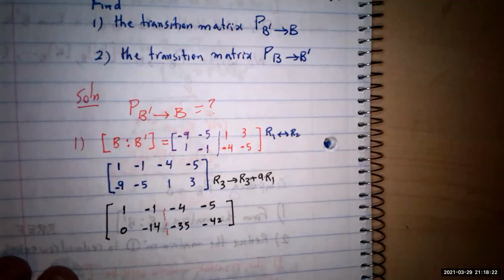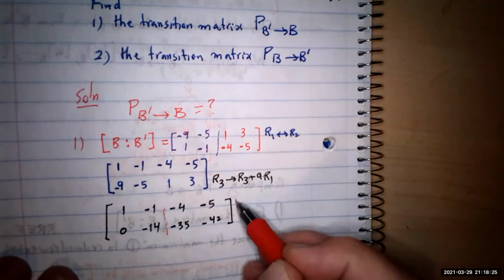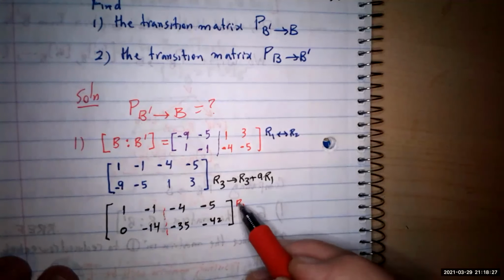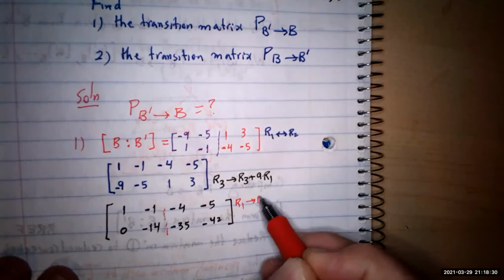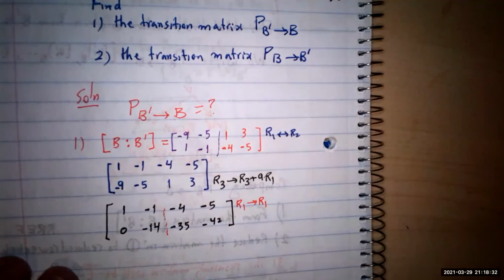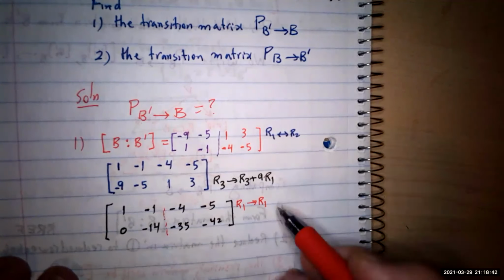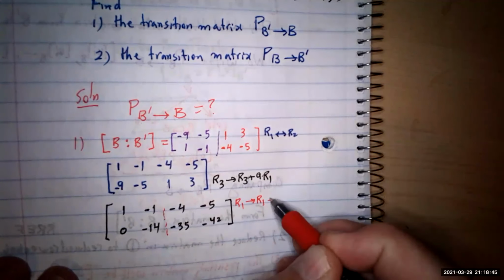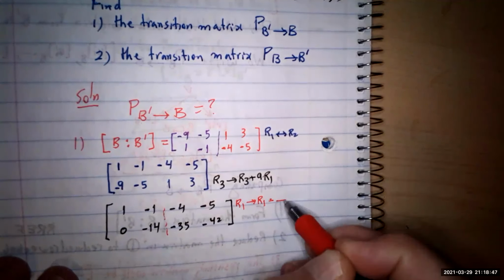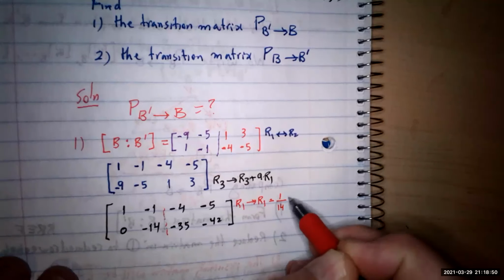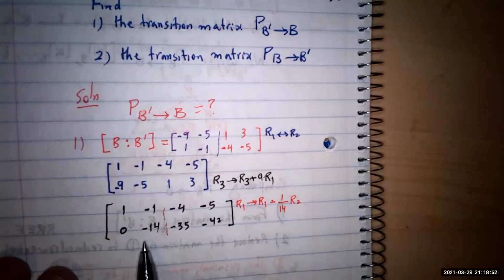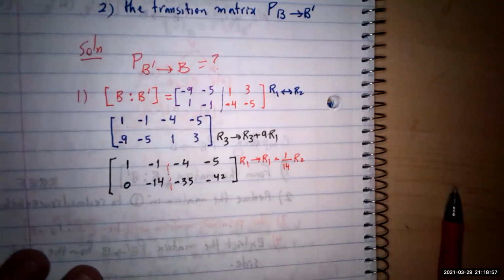We change R1 into R1 plus 14 times R2 to make it zero. It's going to be plus or minus 1 over 14 R2. We have to change this one to the positive one so that we'll be able to simplify it. So we have no other choice.